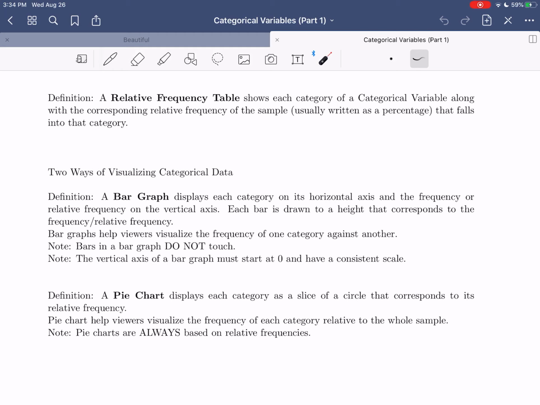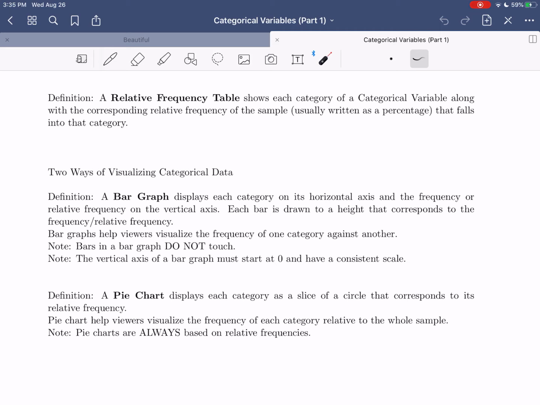So pie charts aren't really that great for comparing one category against another, but they are really useful for helping people understand how much of the overall sample was made up by a single category. One thing you should note is that pie charts are always based on the relative frequencies, because you need to know the relative frequency to know how much of the circle you should slice off for each category.